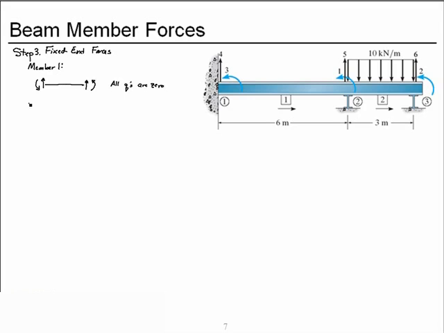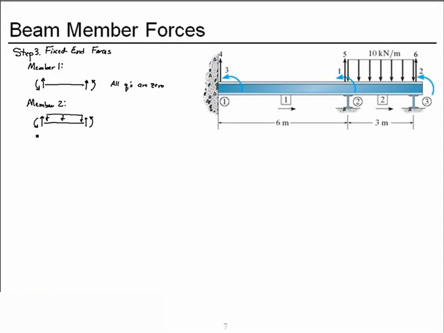Now member 2. Again, our structure, our beam, has shear at each end, moment at each end, but we have uniform distributed load in between. So these will not be 0.